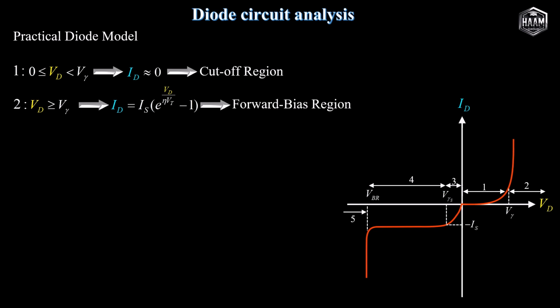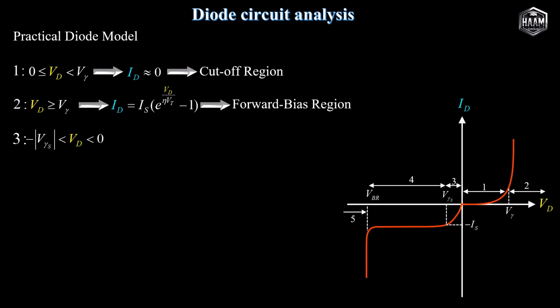In region 3, the applied voltage across the diode is negative, but its magnitude remains smaller than V sub gamma, where reverse saturation effects initiate. Note that parameters V sub gamma and reverse saturation current I sub S are defined as positive values in datasheets.